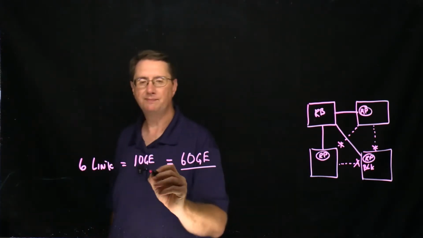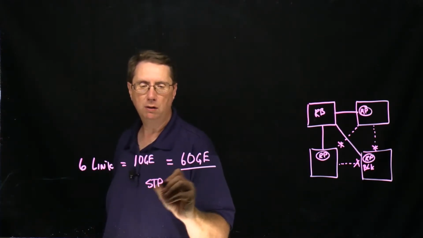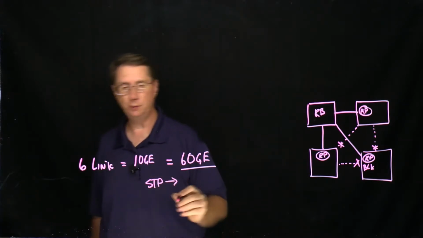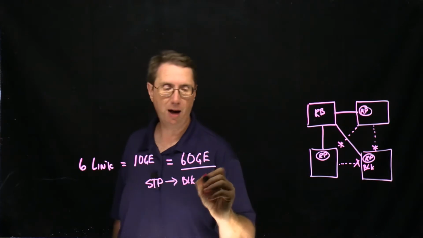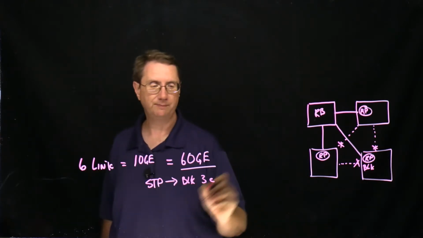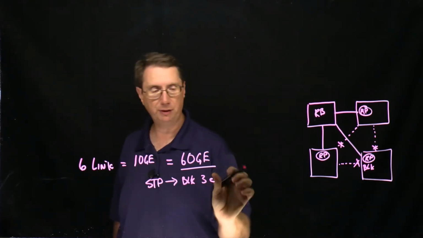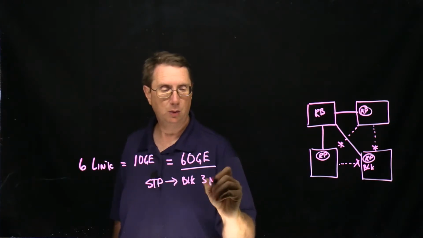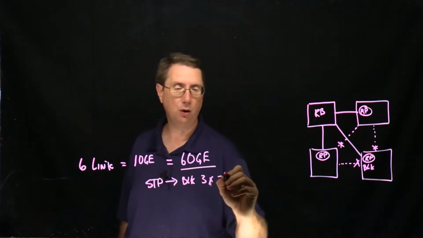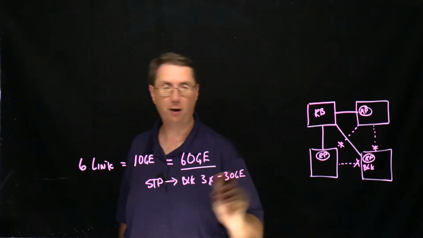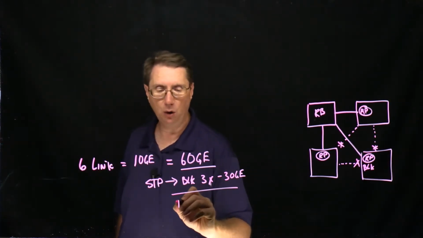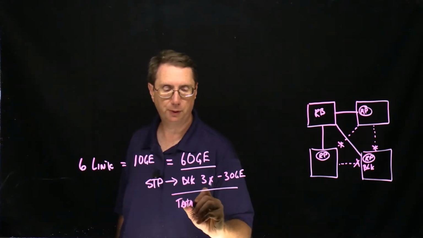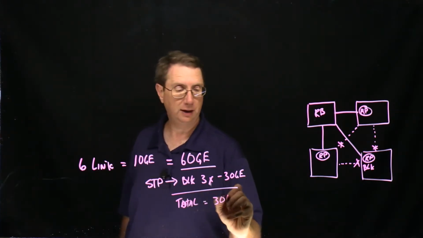But the problem is, spanning tree protocol, for fear of creating a loop, is actually going to block, in this specific topology, 3 of those. So by blocking 3 of those, that's going to subtract a total of 30 gigabits of throughput from my overall capability, thus leaving me a total throughput of 30 gigabits.